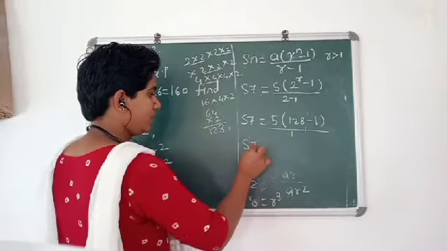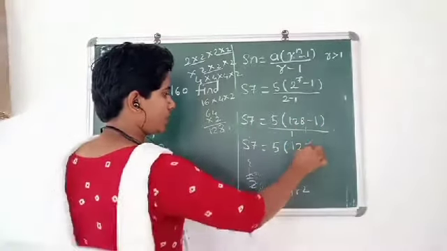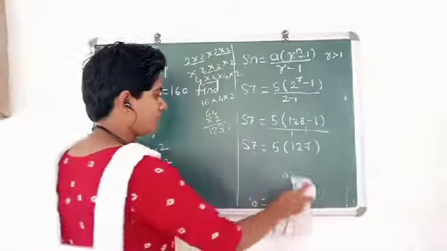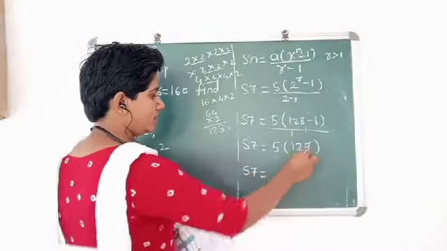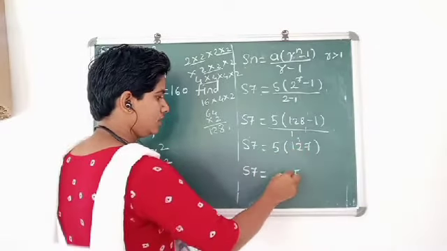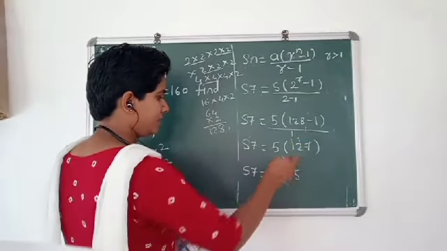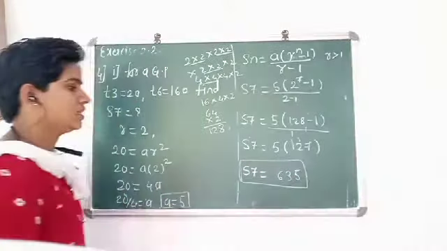So S7 is equal to 5 inside the bracket, 128 minus 1 is 127. Multiplying, S7 is equal to 5 7s are 35, 3 carry, 5 2s are 10 plus 3, 13, 1 carry, 5 1s are 5 and 1 is 6. So the sum of the 7 terms of the geometric progression is 635.